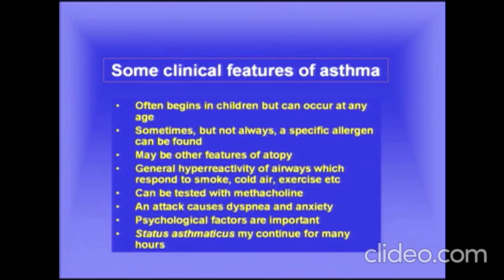Cold air is another factor, exercise also, aspirin. All these things can cause hyperreactivity of the airways. This can be tested using methacholine, which induces spasm, induces bronchoconstriction, and is useful in the diagnosis of the condition.